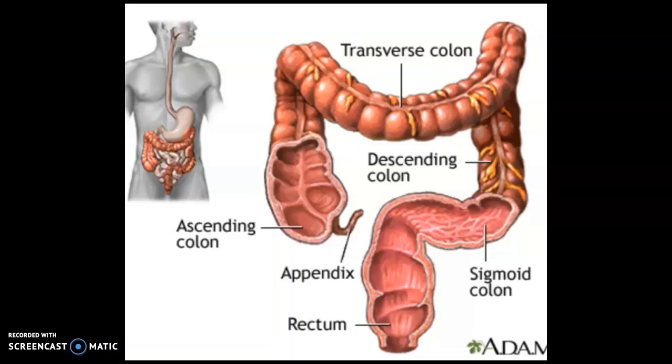The ileocecal valve controls the entry of material from the last part of the small intestine, called the ileum. After much of the water or liquid is absorbed from the stool in the large intestine, peristalsis helps to move the stool into the rectum.